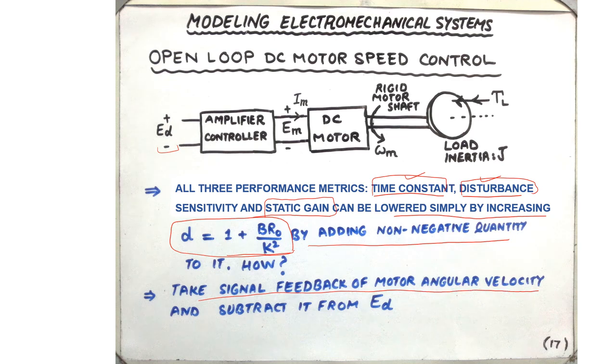So we are going to extract the information of the motor instantaneous speed and we are going to feed it back to the input side. In fact, we are going to bring it into the amplifier controller, have it subtracted from the input voltage to the amplifier controller.